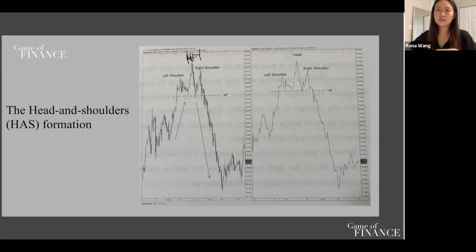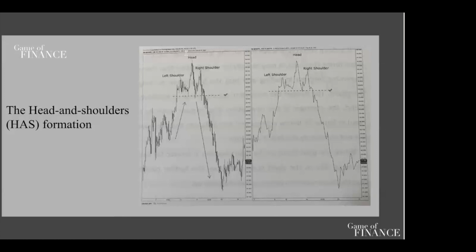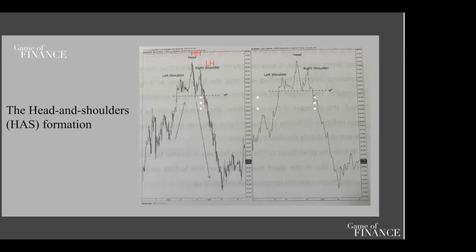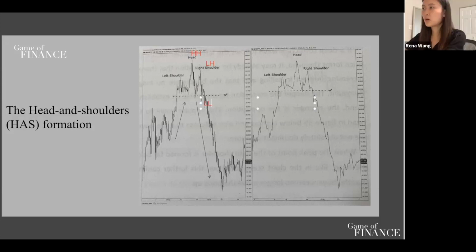So higher highs. And then the right shoulder is the first lower high, which indicates that the buyers are no longer as strong as before. Let me draw. If you came to our previous classes, this can be very clear to you. This is a higher high, and this will be the first lower high, and then a lower high followed by a lower low.